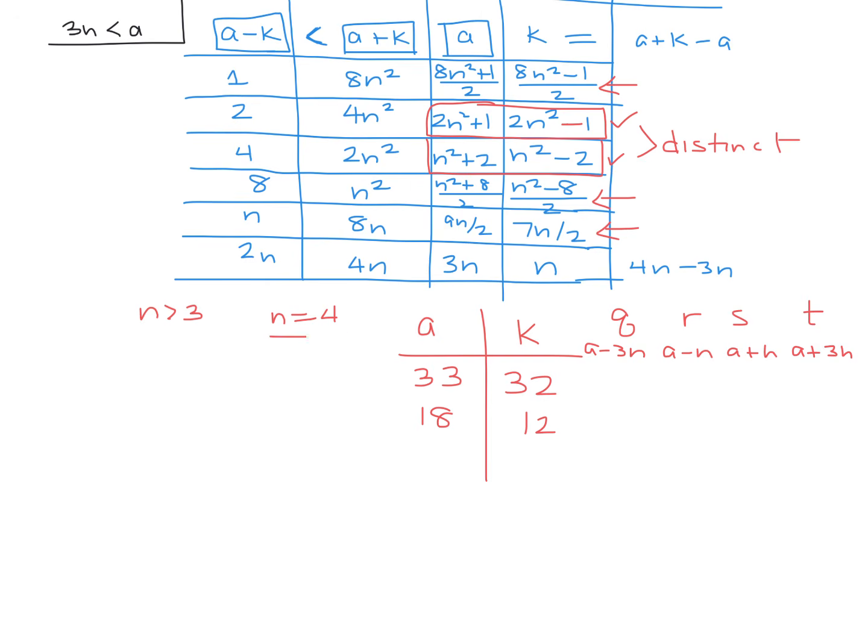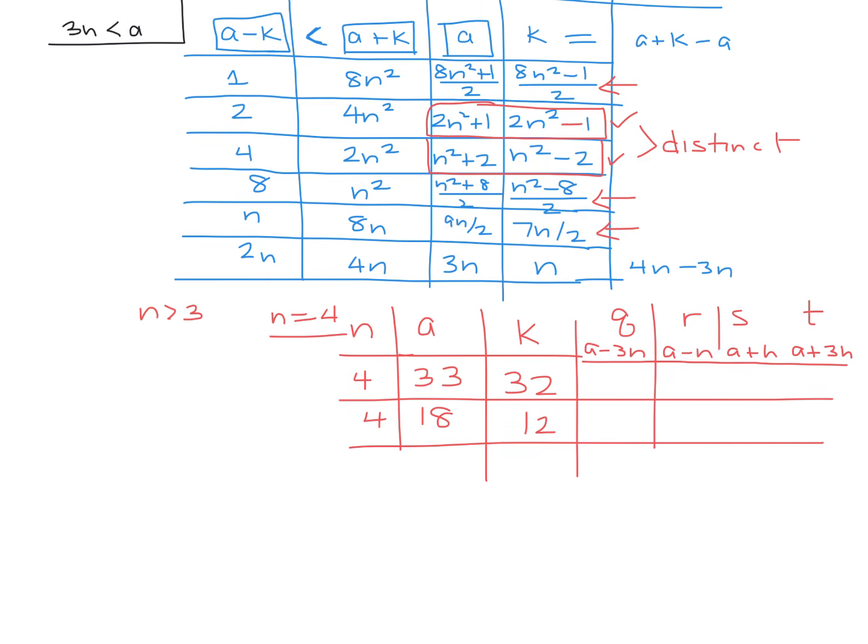Oh yeah, n is 4 for both of them. N is 4, right? So for each of these, we're going to get 21, 29, 37, 45, and we get 6, 14, 22, and 30.